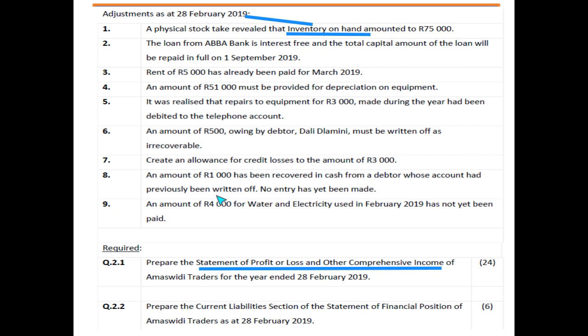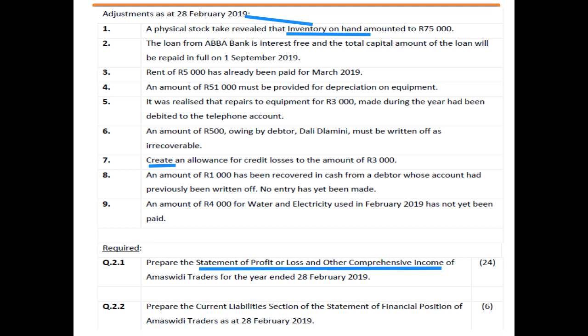Now, here they say we must create. Okay? So when you create, the word create means we don't have it, we're just creating for the first time. You understand? It means currently our allowances for credit losses is 0. We don't have anything.